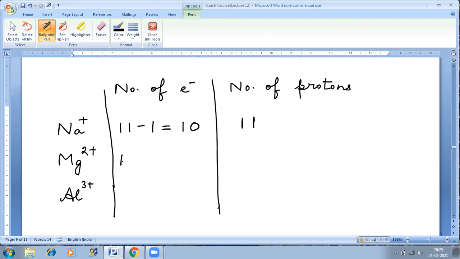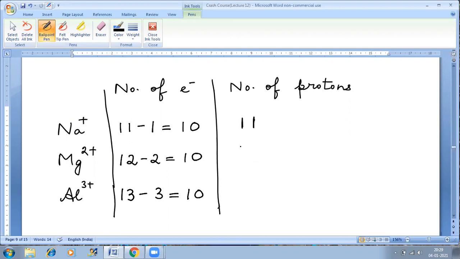Similarly, for magnesium, there are 12 electrons and 12 protons in a magnesium atom. But once it has lost 2 electrons because it is Mg2 plus, I have to subtract 2 from 12, and now it is left with 10 electrons. For aluminium, initially there were 13 electrons, but because it is Al3 plus, it has lost 3 electrons and is left with 10 electrons.